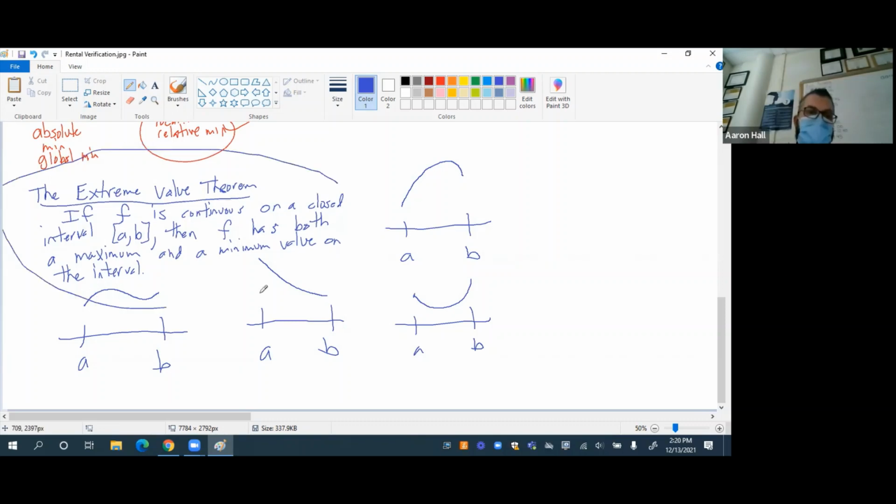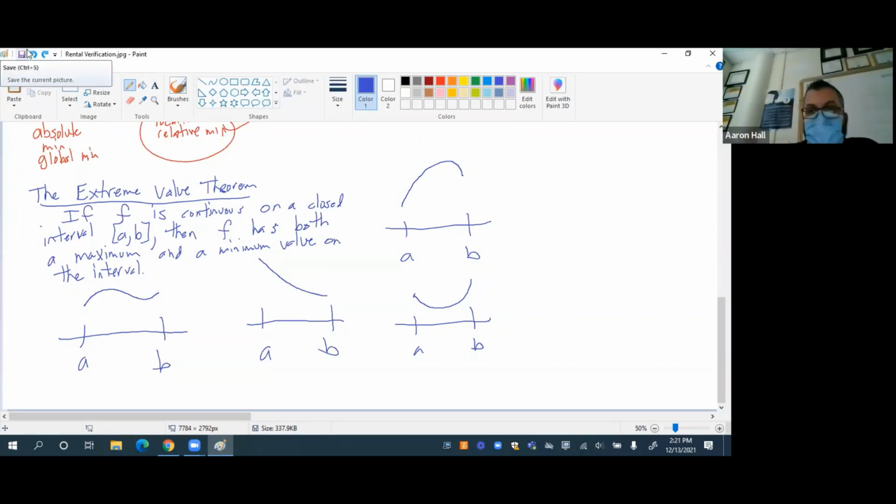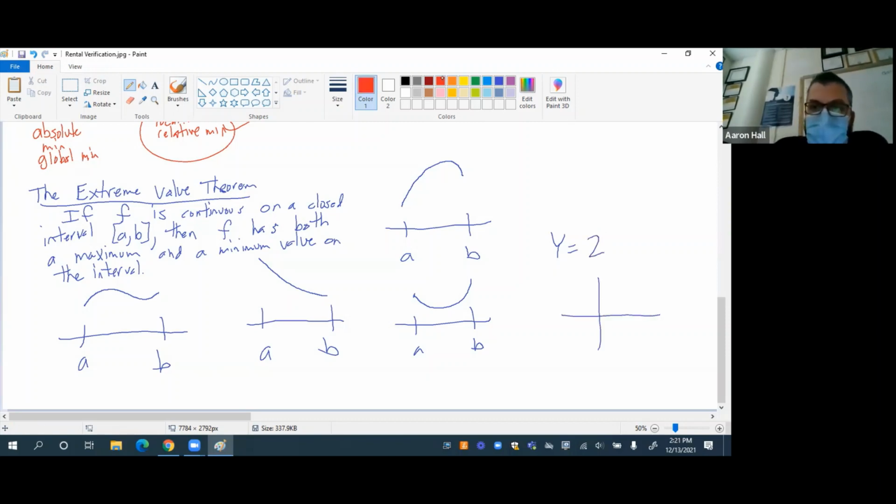Questions about the extreme value theorem? That's a good question. What if I have something like this, y equals 2, and I have this line that's solid?